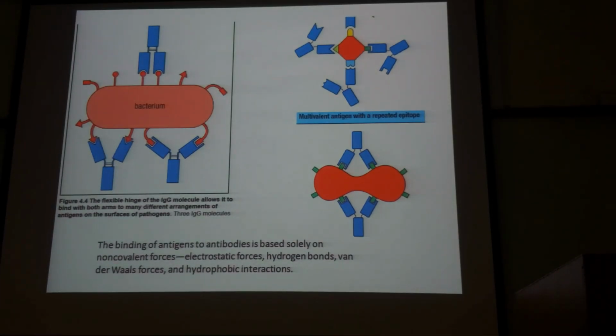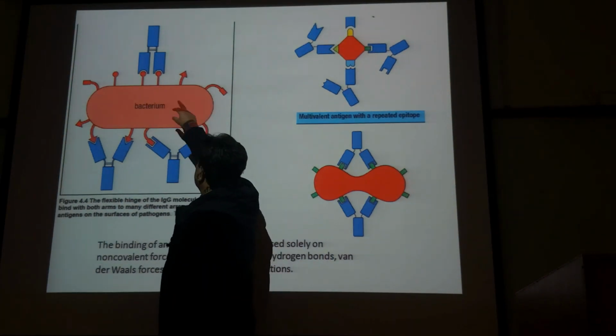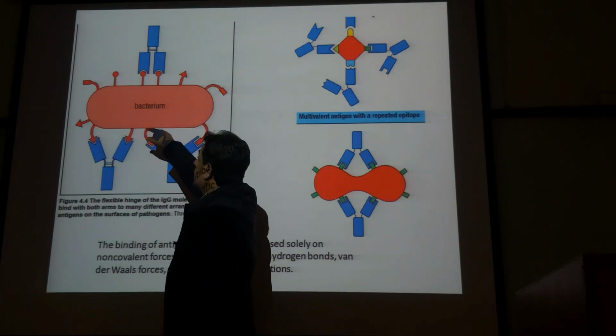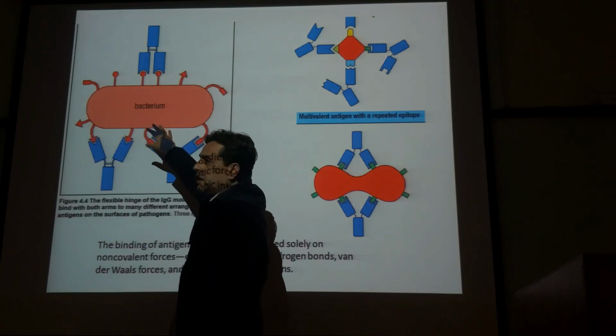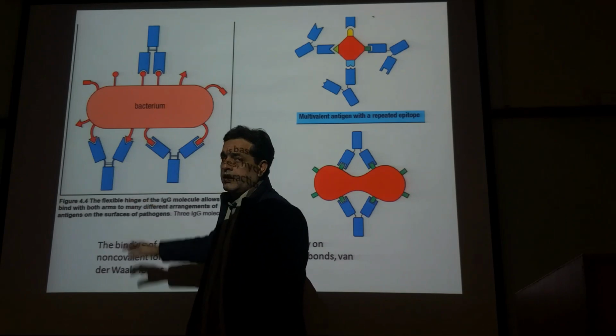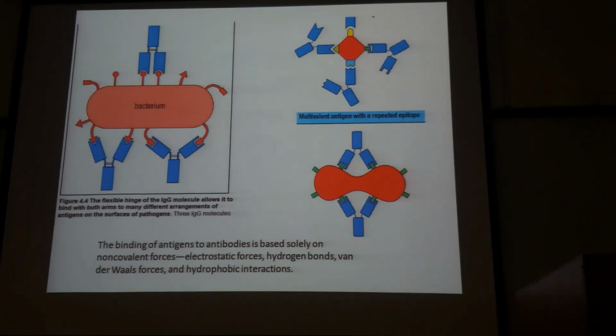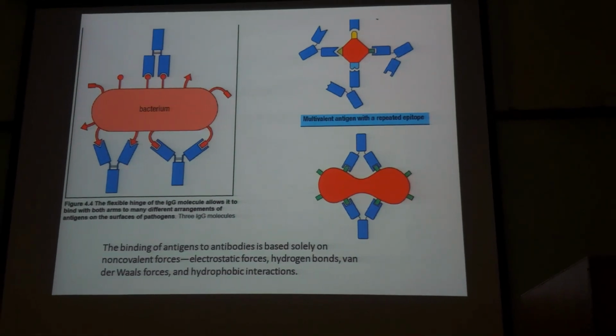If you look here on the surface of this bacterium, there are different types of epitopes given in red. These are antigenic determinants, and the antibodies are going to bind to all these different determinants, because for all of them there are specific antibodies and specific B cells in your body.